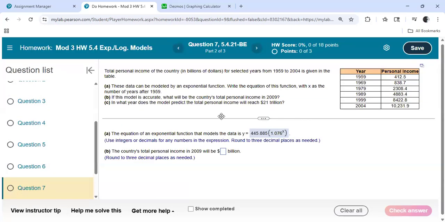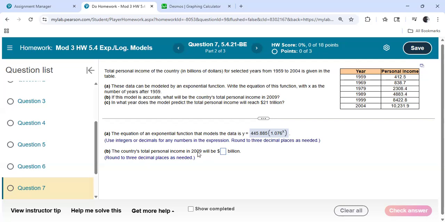Okay, so now the next part asks us to use this function, not the overall one, to answer the next question: the overall personal income in 2009. Well, we don't have 2009 in our data set anyway, but even if we did, it's asking us to use this model. So we have to figure out what X value is represented by the year 2009.